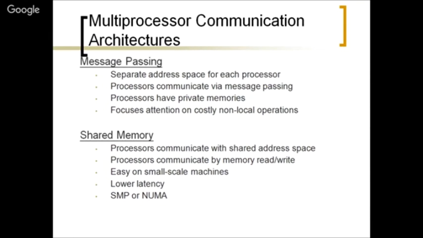In the very first slide we discussed this architecture. Now we see in detail the multiprocessor communication architectures. First, message passing. In such cases we have a separate address space for each processor, so processors communicate by message passing.